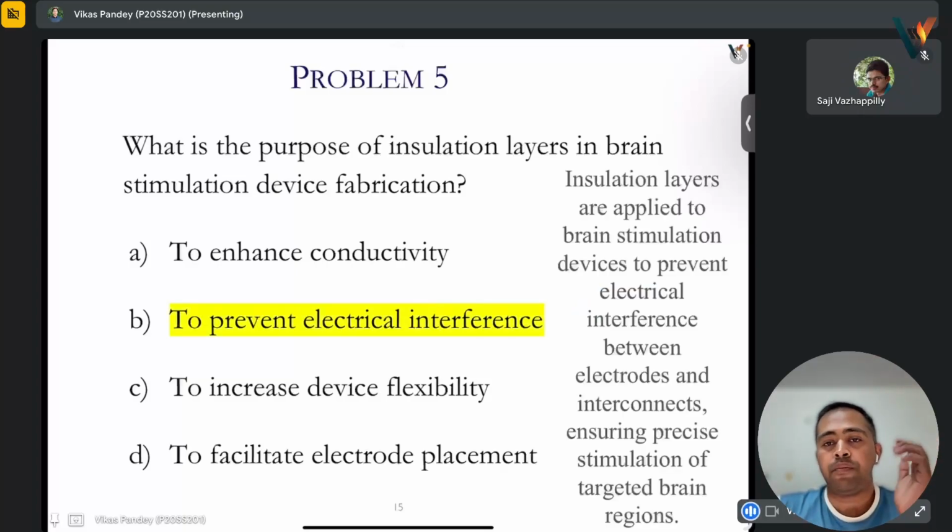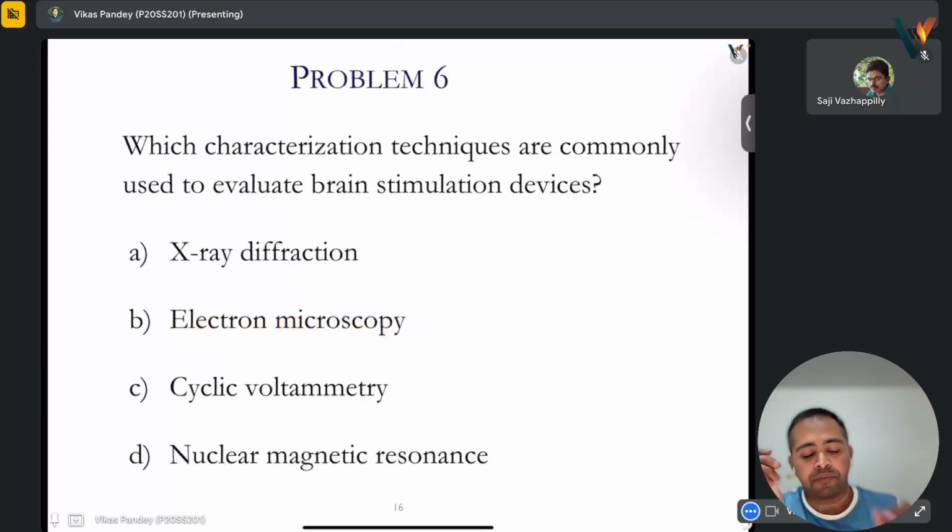Insulating layers are applied on the brain stimulating device to prevent electrical interference between electrodes and interconnects, as well as to separate them from the brain tissue that will come in contact, so that the stimulation goes only to the targeted brain regions.